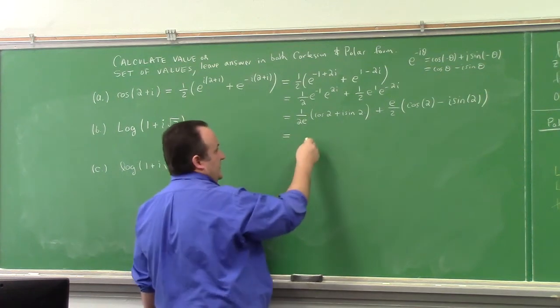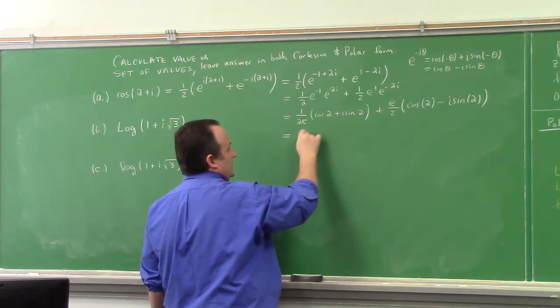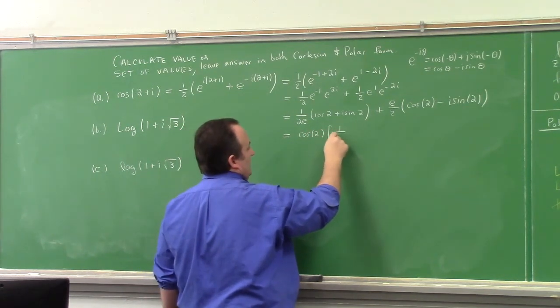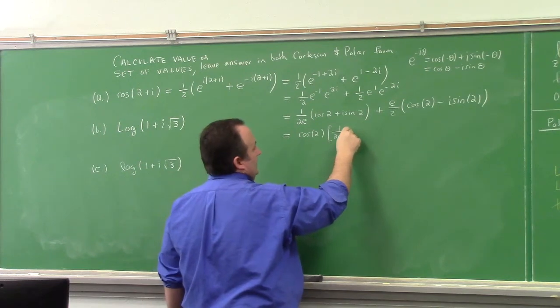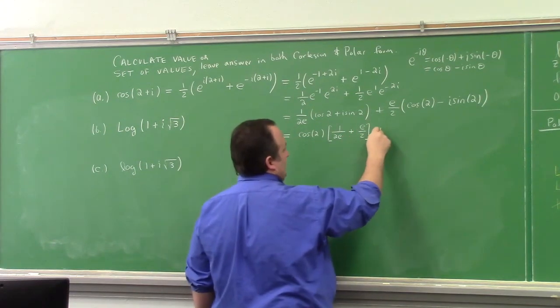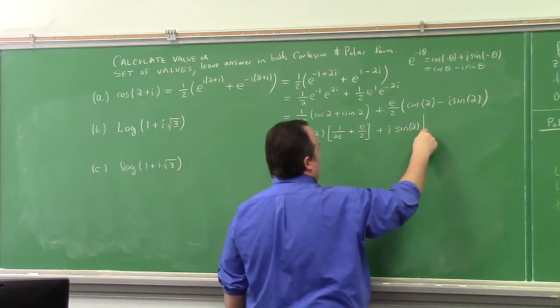Now, group everything together. We've got cosine of 2 times what? Times 1 over 2e plus e over 2, plus i sine of 2 times what?